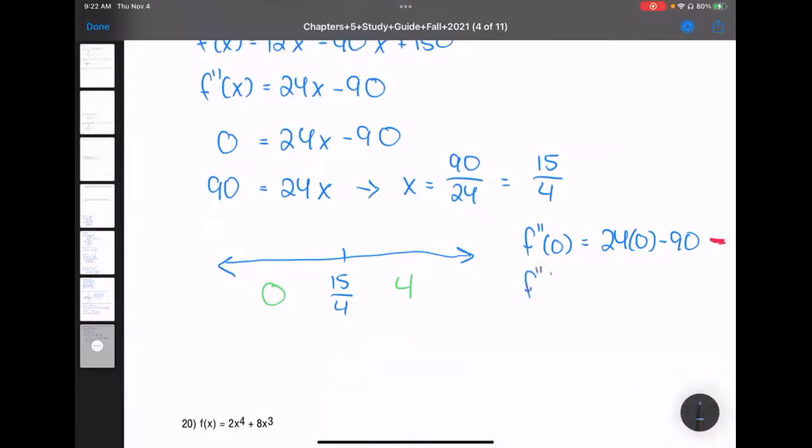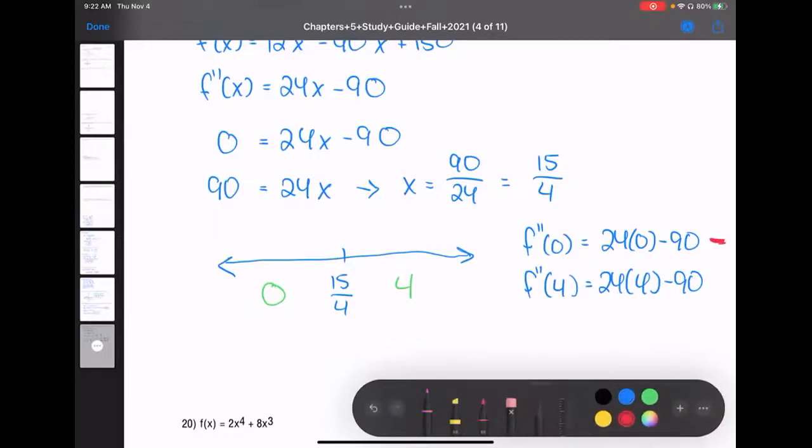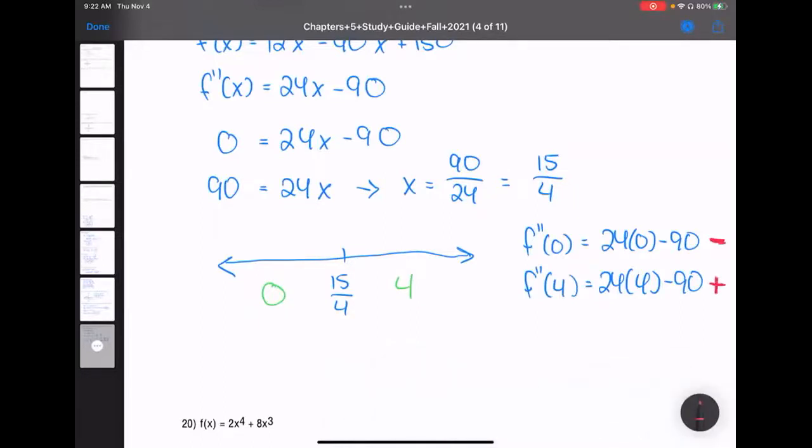And f double prime of 4, we have 24 times 4 minus 90, which is going to give us positive 6. So this is a positive value.